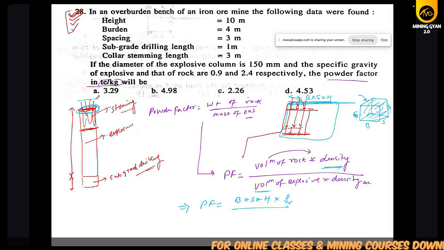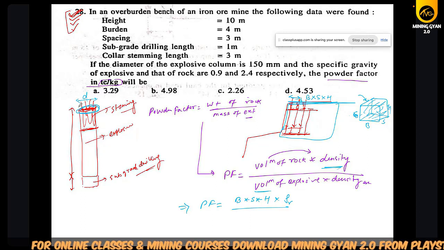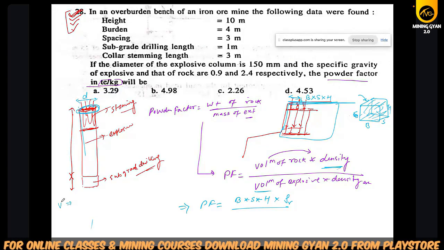So holes have a diameter d. This is a cylindrical shape. I told you to remember the formulas of the cylinder. So volume of the cylinder will be pi r square h. Here r is d by 2, so pi d square by 4, and height h, this will be the volume.